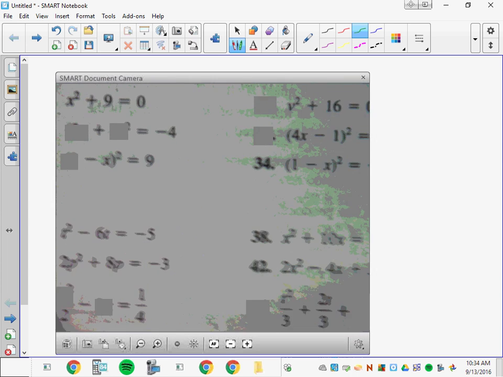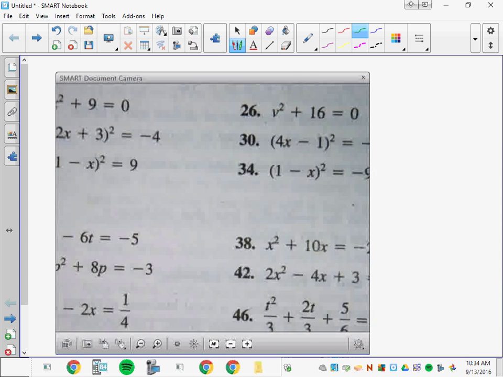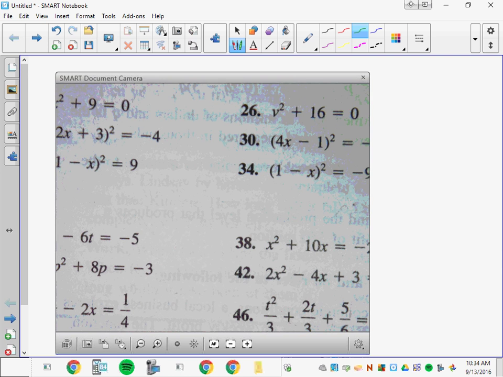So 26, we know how to solve that using factoring. How would that factor? No, it would be v. It's not v plus 4. It's v plus 4i and v minus 4i.